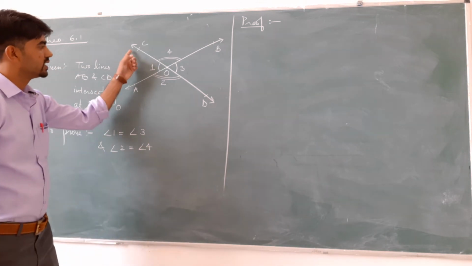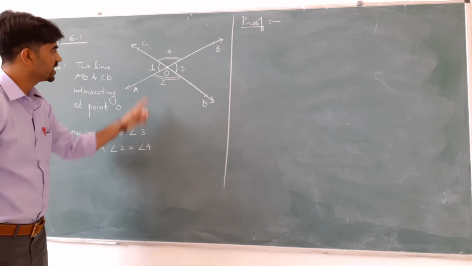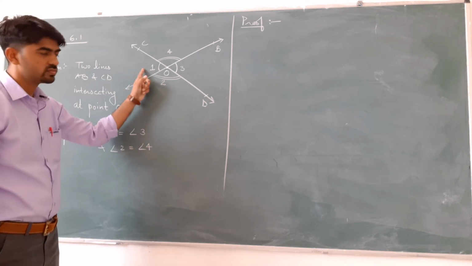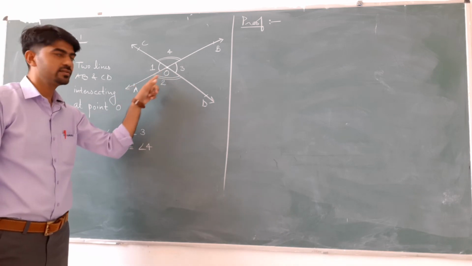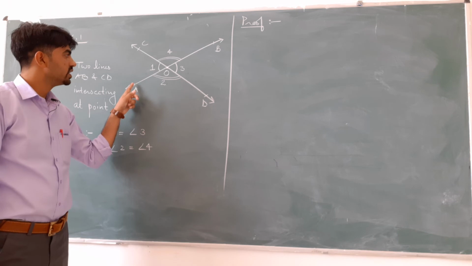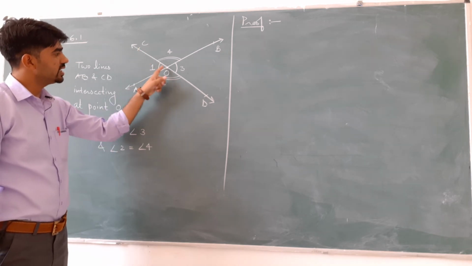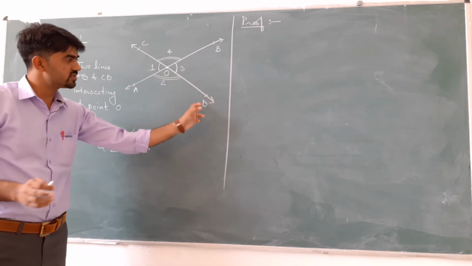Now see, AB and CD are straight lines. If I take angles 1 and 2, they are adjacent angles, because they have OA as common, and OC and OD are non-common and they are making a straight line.